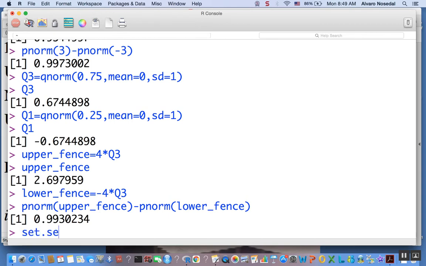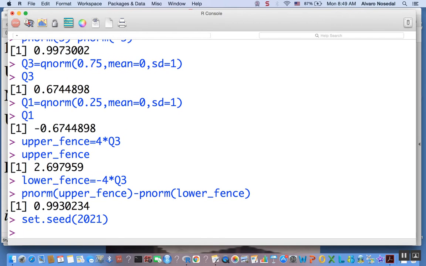If you use the following command, set seed, when you generate a sample, you're going to get the same numbers, okay? You may want to use this to make your results reproducible, so you end up with the same random sample. If you don't care about reproducibility, then you don't have to do this.